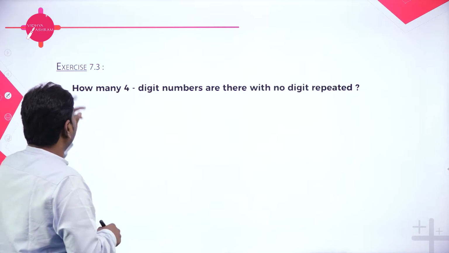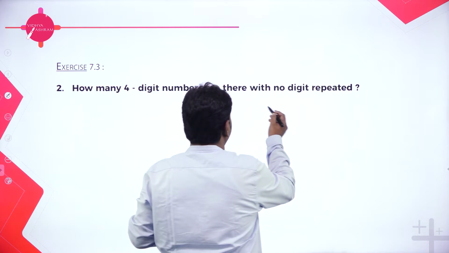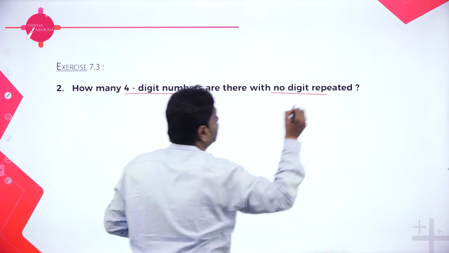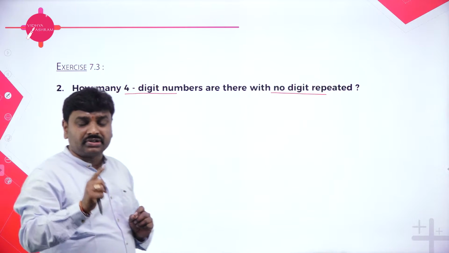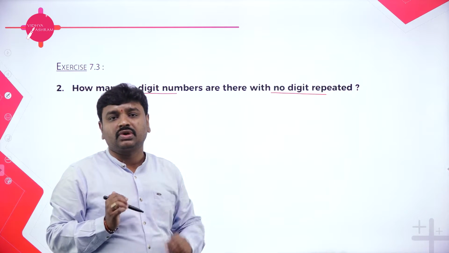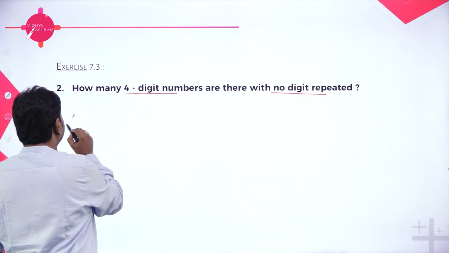Next, how many 4-digit numbers are there with no digit repeated? See, if you want to find numbers or if you want to form a number, you should use the support of 10 numbers. What are the 10 numbers?